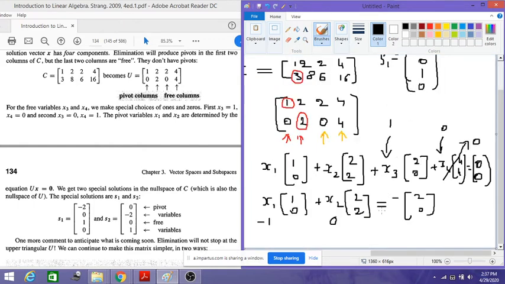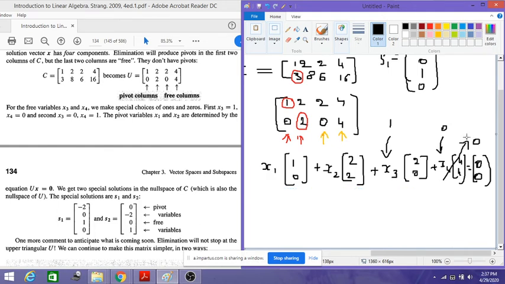So what is the other solution? To obtain the other solution, let me erase this and change the variable values. Now I'll substitute x3 with 0 and x4 with 1.